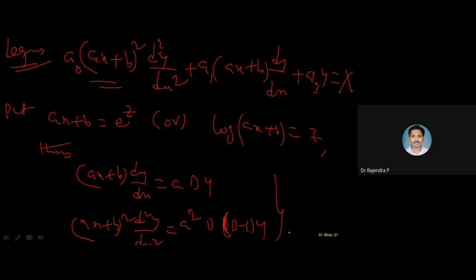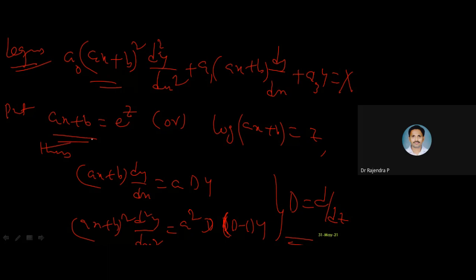I can continue the same thing. Here, this D stands for d by dz. We got this from our chain rule. These results have to be remembered. In the general approach, I explained this. We can apply this to any problem having the ax plus b form.